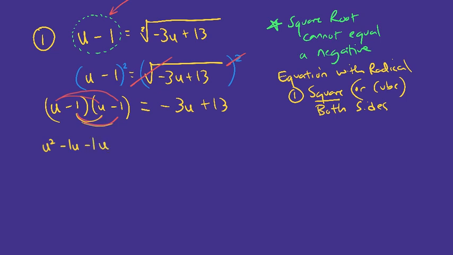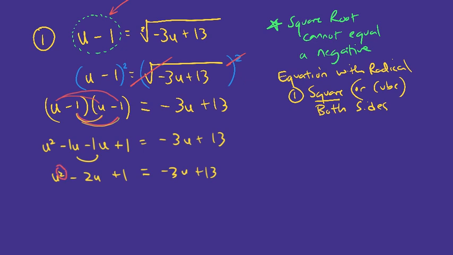And then negative 1 times negative 1 is positive 1. Okay, so we'll go ahead and put like terms together: u squared minus 2u plus 1 equals negative 3u plus 13. Most of these won't have this, but this is a quadratic equation.